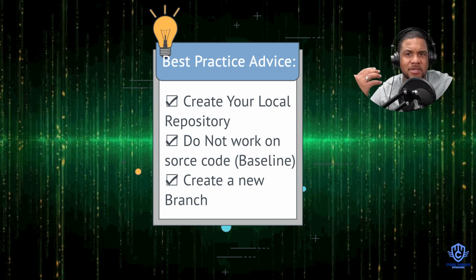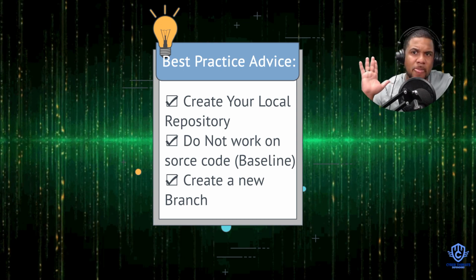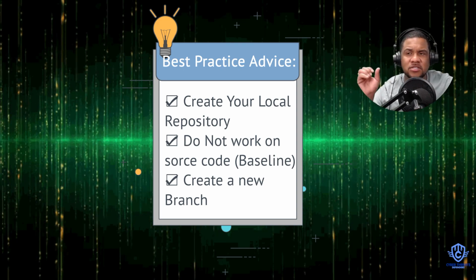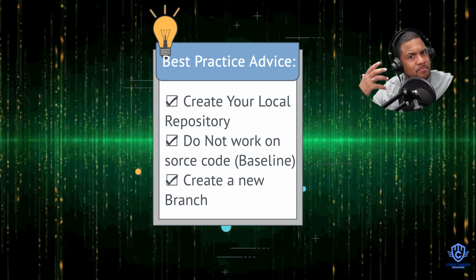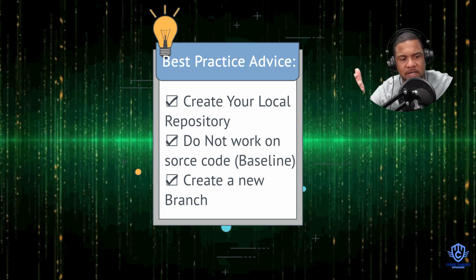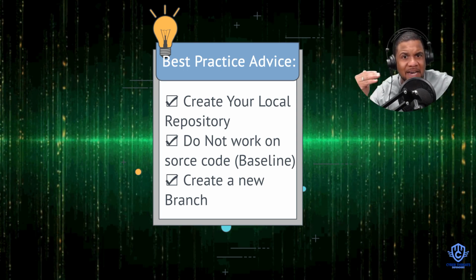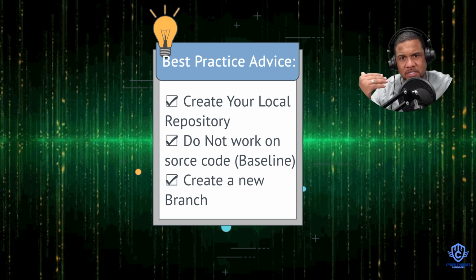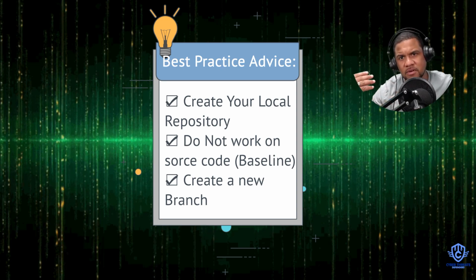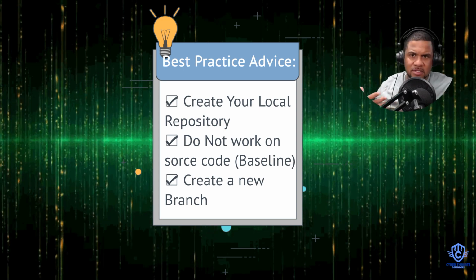You don't want to be messing around with the master branch. You don't want to be that person that screwed up somebody else's work. These are best practices that you're going to see throughout your entire career as a software developer, and also when working in team collaboration.